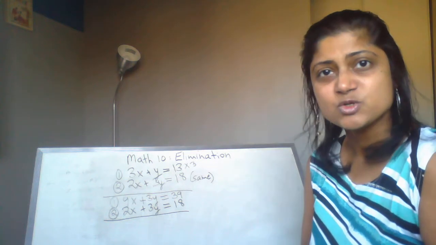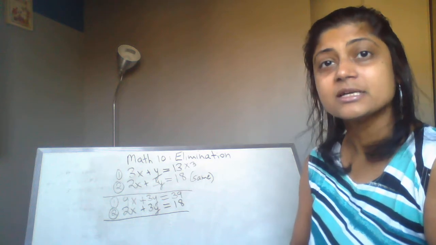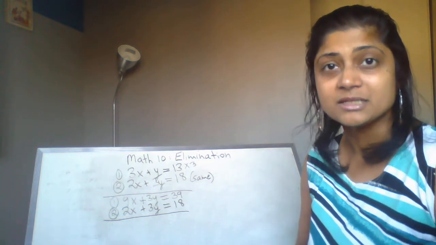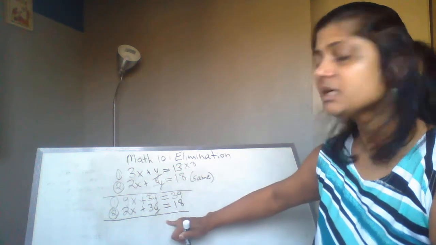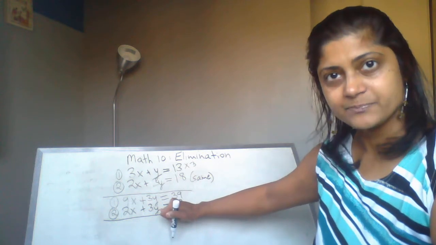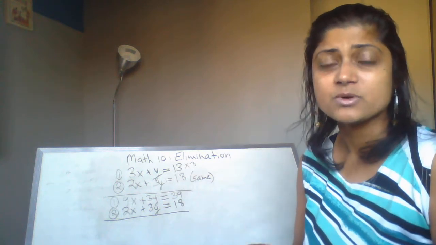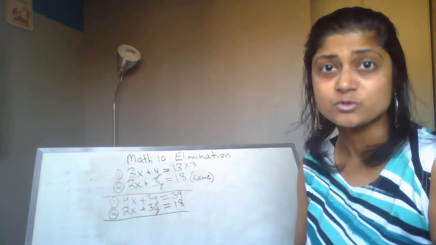Now I have my two equations, and you notice the reason I did this. Elimination is where I want to eliminate either the x variable or the y variable. If I look at my two equations here, I notice I have 3y and 3y. Some students were asking, how do I know if I'm adding or subtracting the two equations?